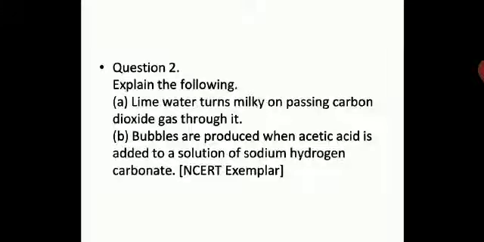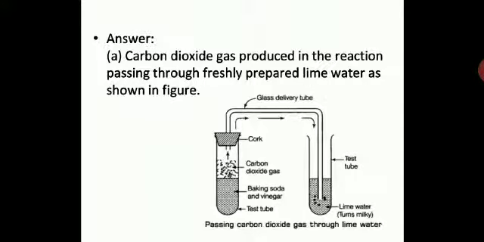Let us see the answer. Here you can see carbon dioxide gas produced in the reaction passing through freshly prepared lime water. On the left hand side you see the test tube has a cork closed so that the carbon dioxide gas comes out due to the reaction of baking soda and vinegar.